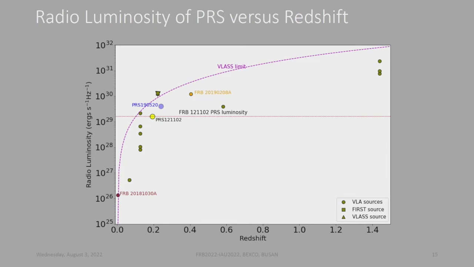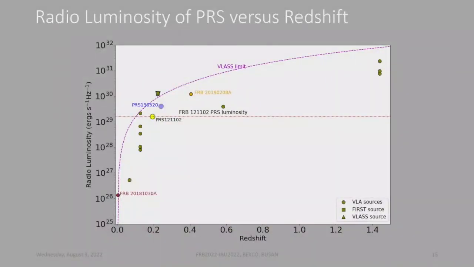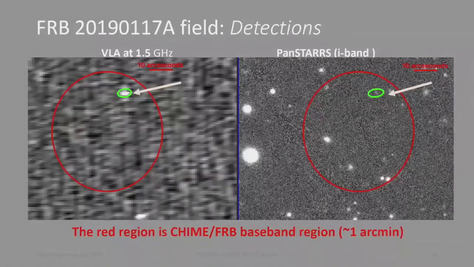So if I go back, this particular one. And so even though it's a low luminosity PRS, we think that this is a real case to look into in more detail. There are also some brighter ones, like the one with the faint galaxy showing up here, the one also on the last slide.